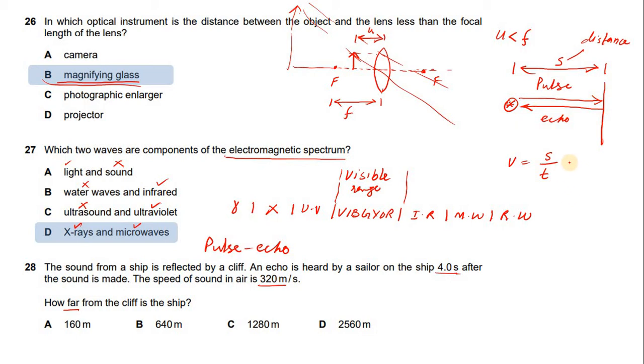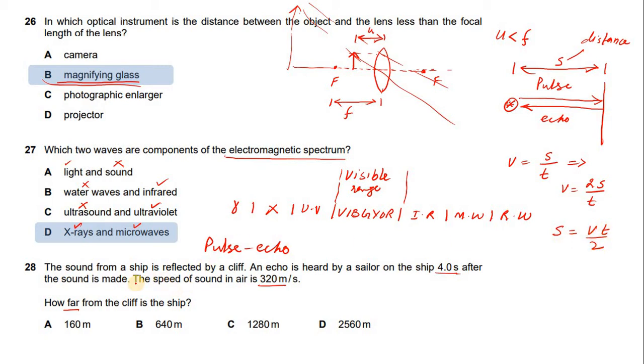So actually this formula should be written as V equals 2s over t, because the total distance is double the one-sided distance. Now if you make S the subject, S equals V times t divided by 2. That's how you can find the distance from the source to the obstacle: multiply speed with time and divide by 2.